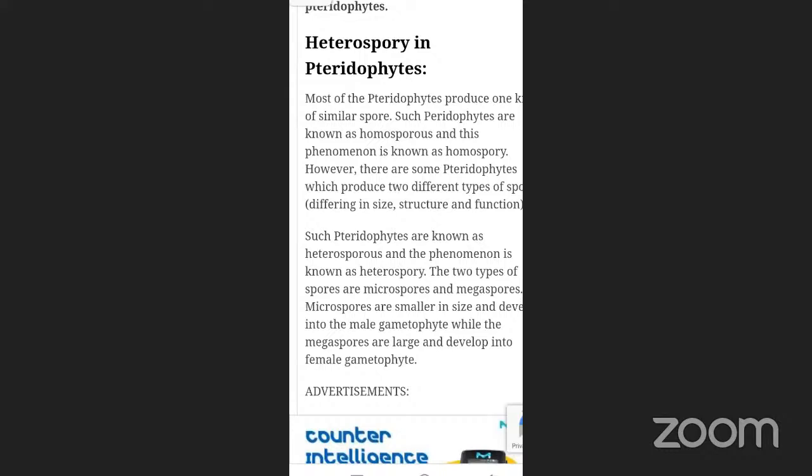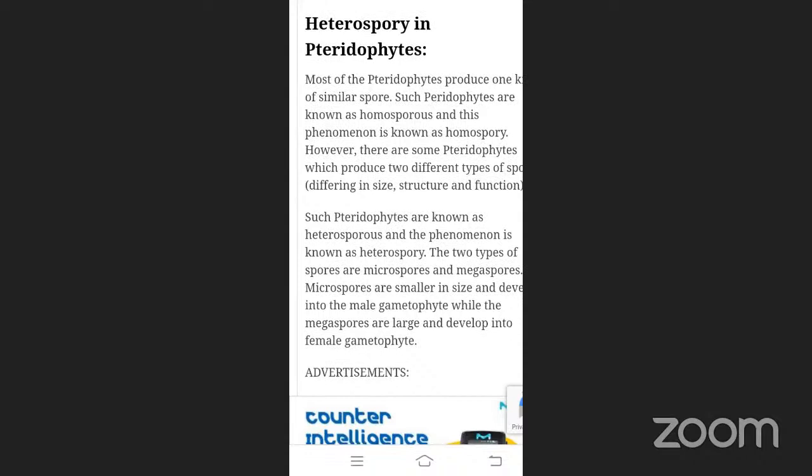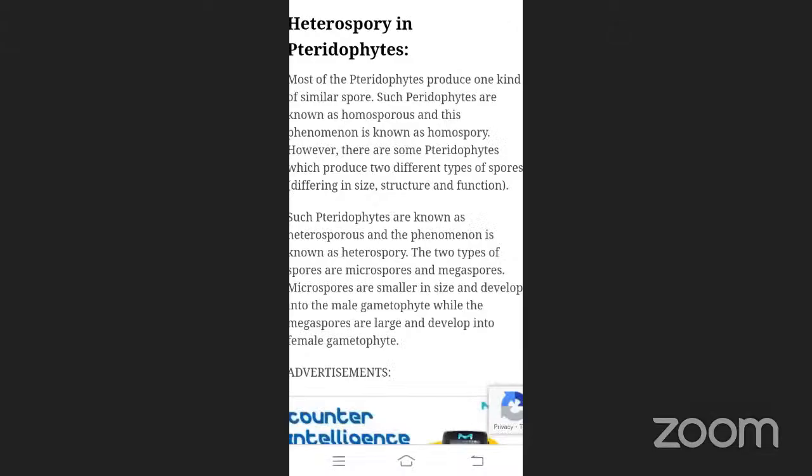So the next one is the heterospory and seed habit. What does heterospory mean? The pteridophytes are mostly in the homosporous condition, where the sporophyte produces only a single type of spore, so that is called homosporous. It means all the spores are physiologically and structurally alike.